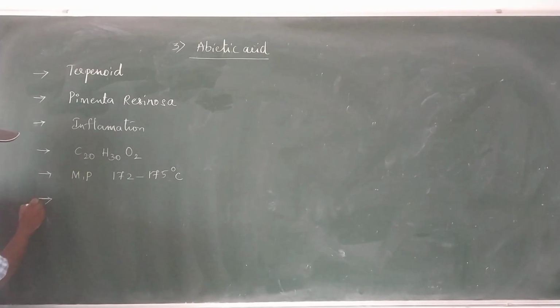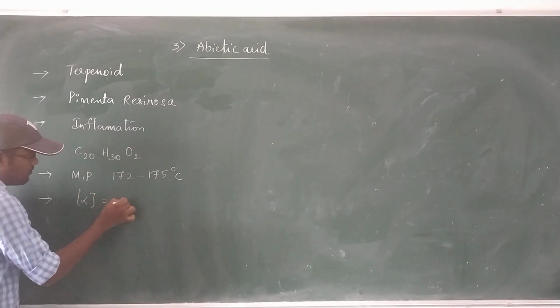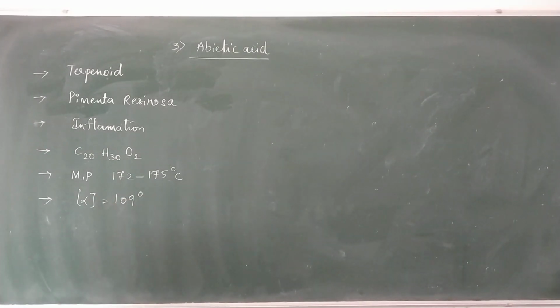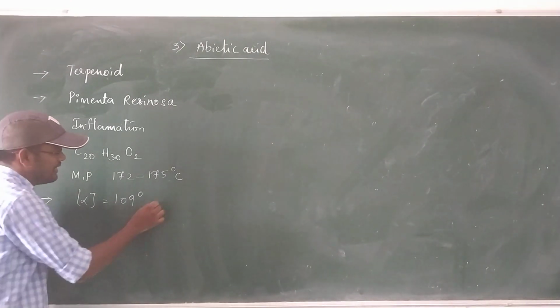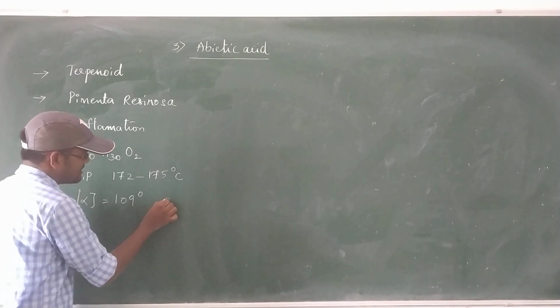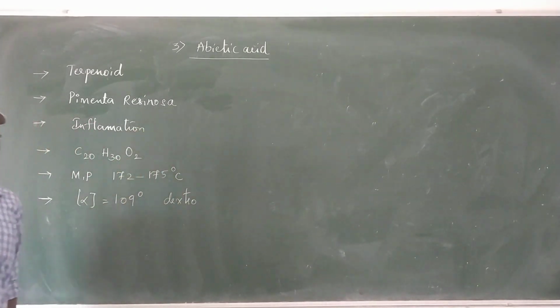Its specific rotation alpha is 109 degrees. Positive specific rotation clearly indicates that it is positive rotatory, nothing but dextrorotatory. It is a dextrorotatory compound.